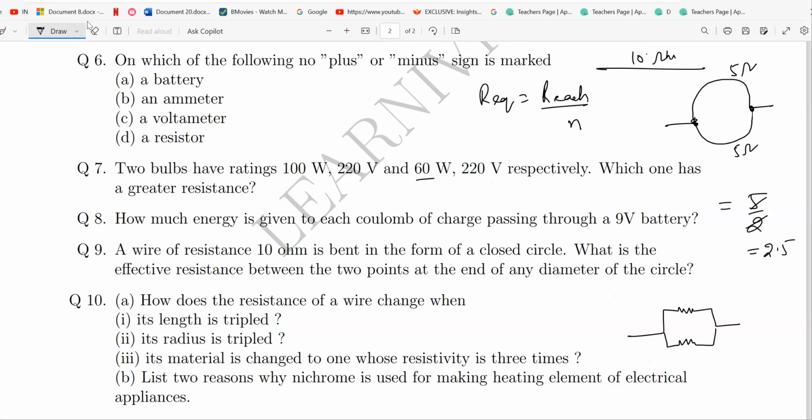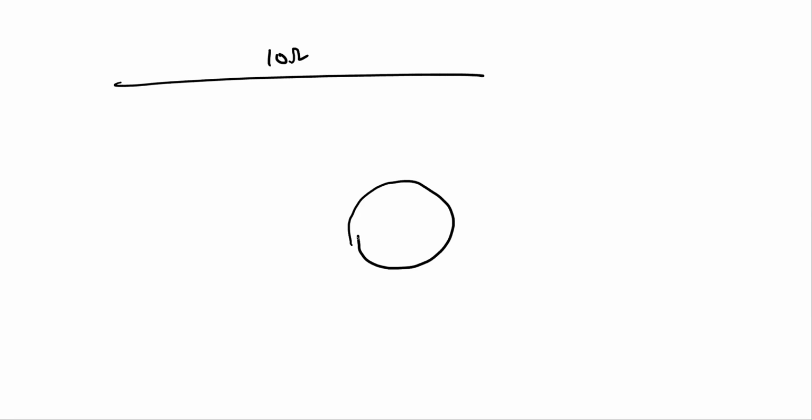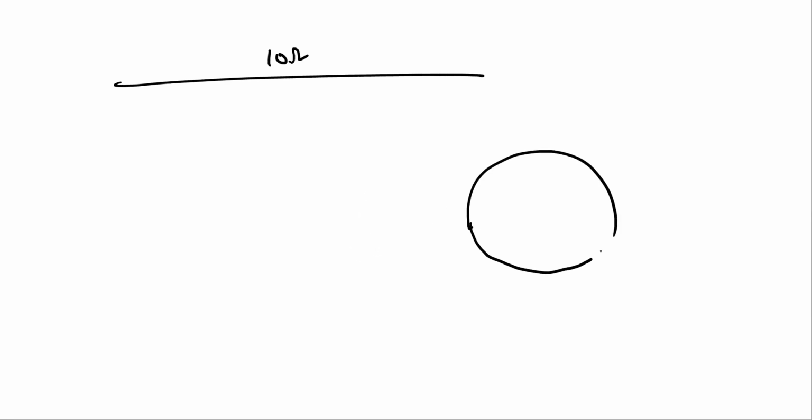Sir, understood, but what if only one wire is used and a circle is made from bending the wire? Yeah, this is the same question. For example, if you are having a wire, if it is of 10 ohm, so if you bend it, it is a single wire like this, but don't consider it as single, because now when you bend it like this, this wire is going to have 5 ohm because this length is of 5 ohm.